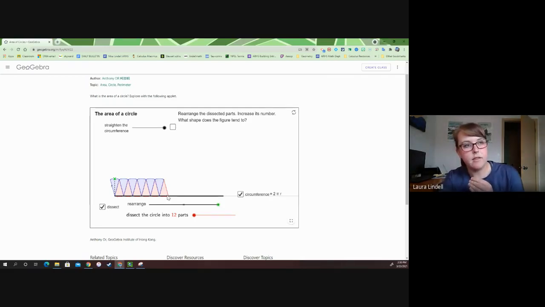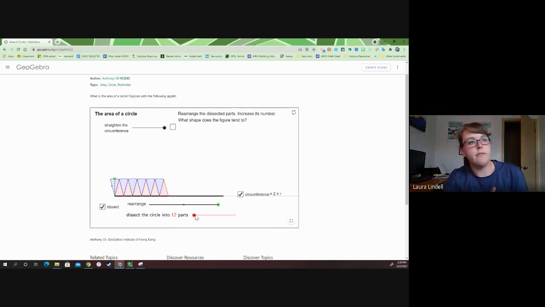So this length is pi times the radius. This width is the radius. So pi times r times r would be what seems to be the area of this thing, which is pi r squared, which is the formula for area of a circle.